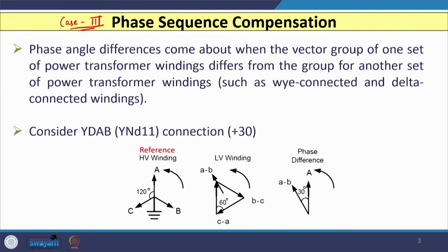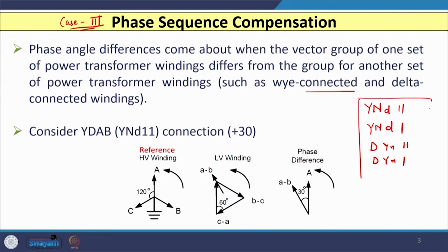Whenever we consider a particular vector group or winding connection in the power transformer, let us say it involves a delta connected winding with a star connected winding, then we can have, let us say, the connections star grounded with delta 11, or star grounded with delta 1, or we may have the reverse, that is delta star neutral 11 and delta star neutral 1, because these are the commonly used winding connections or vector groups in case of power transformers.